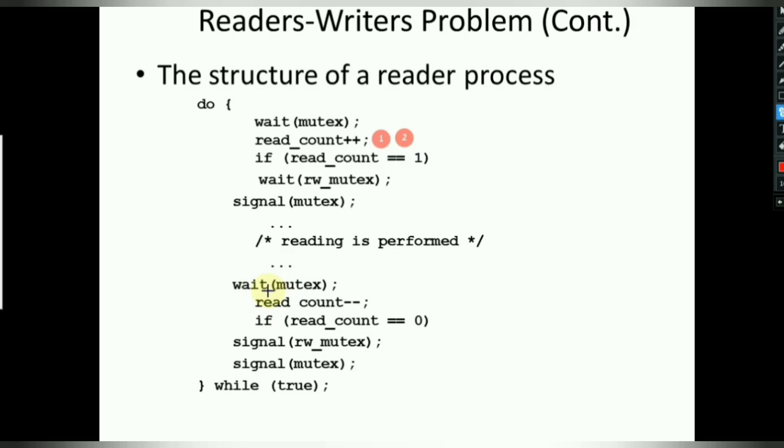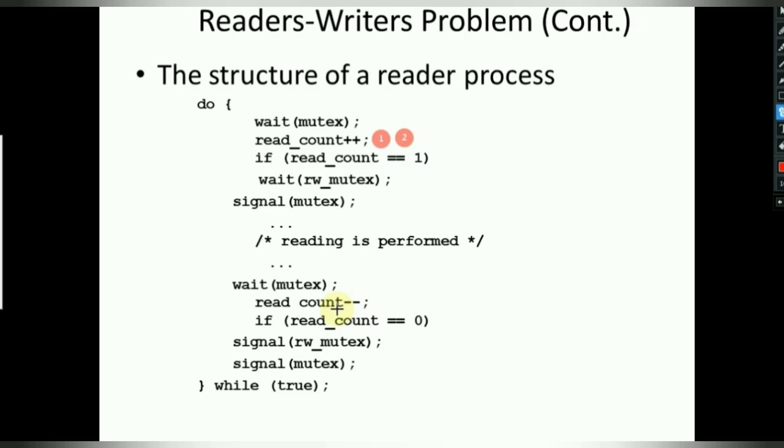So again I run wait mutex, decrement the read count, and then signal the mutex. And if read count is equal to 0, this statement will be run, because that is the last process that will be accessing the shared memory. So this is about your reader process.